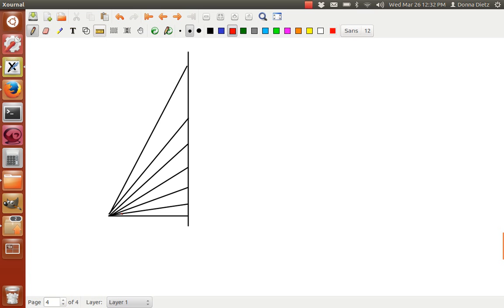Suppose that this is the width of your searchlight right here. And so you're going to cover this much width in a certain time. But if you look from here, from this perspective, all these angles are roughly the same. I try to draw them the same. So if you were to draw a circle around here, I would hope that you would agree that this angle is the same as this angle is the same as this angle.